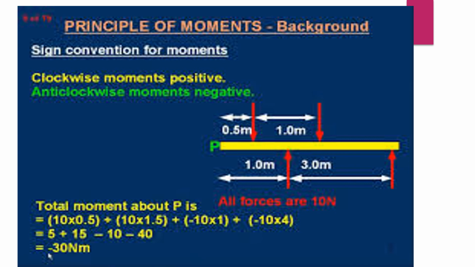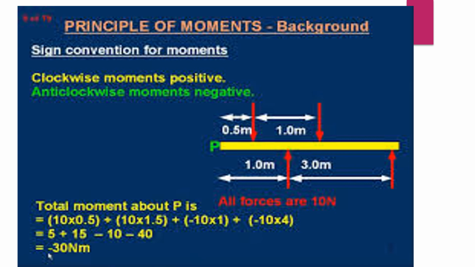Now let's move towards the mathematical form of this. The total moment about P is 10 into 0.5 plus 10 multiplied by 1.5, and after that we multiply the other forces as well.